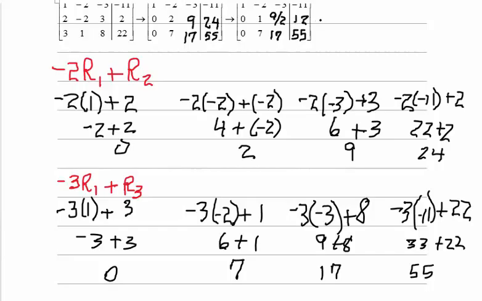So I actually obtained this row here by taking the previous row 2 and dividing its components by 2. And that's how I'm obtaining this final row 2, is I divided the previous row 2 elements by 2.